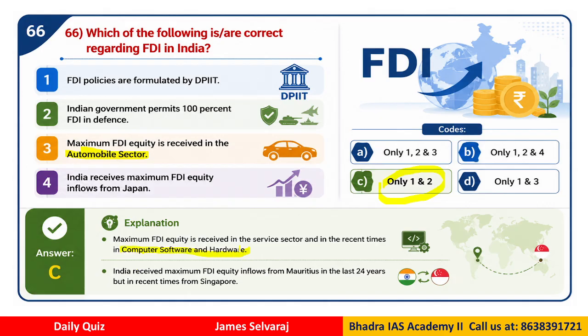Recently, it is received in computer software and hardware. And India receives from Japan? It is not correct. It is mostly coming from Mauritius in the last 24 years, and in recent times it is basically coming from Singapore. So statement 3 is wrong. Statement 4 is also wrong. Only statements 1 and 2 are correct. Therefore, the correct answer would be C.